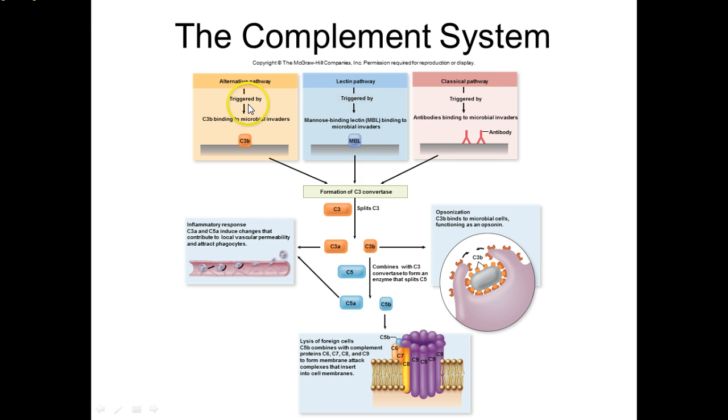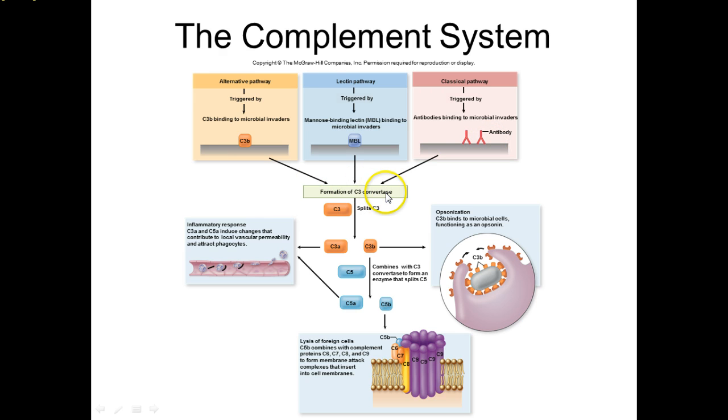So it doesn't matter which way we start it: the alternative pathway with C3b binding, from the C3 that's always being split, or lectins binding to mannose when it's present, or antibodies binding to complement proteins for antibodies that are bound to cells.